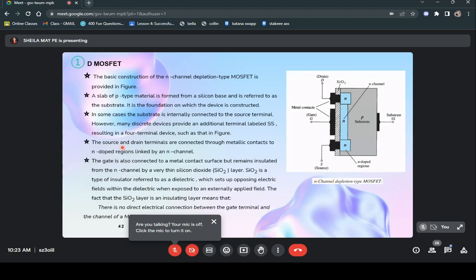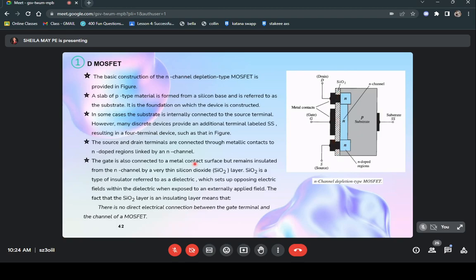So the source and the drain terminals are connected through metallic contacts to the N-doped regions linked by an N channel. So we have here metal plates, the black ones, class, are the representation of metal. This is also metal here. This part here is our metal.